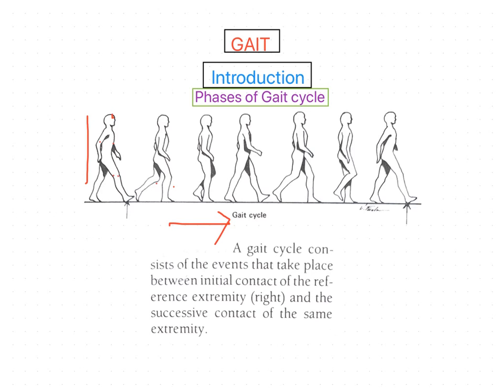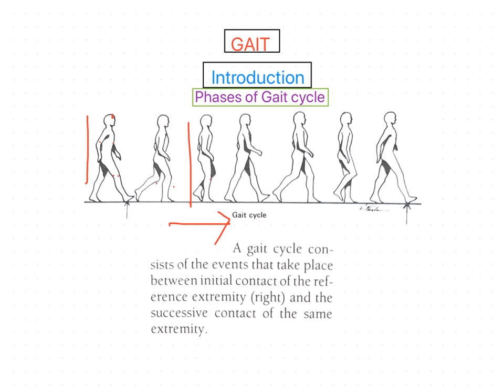So the weight of HAT plus the weight of the swinging lower extremity, that means about 10% of the total body weight, must be supported on a single limb.